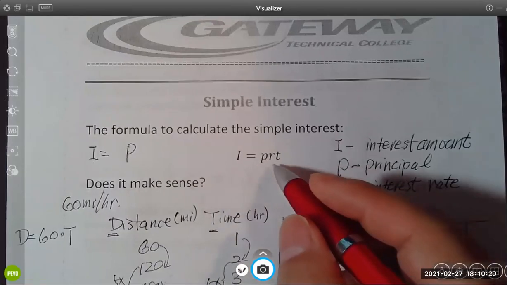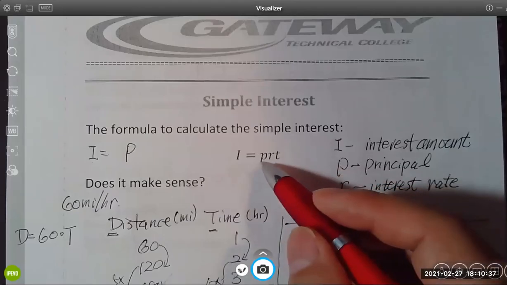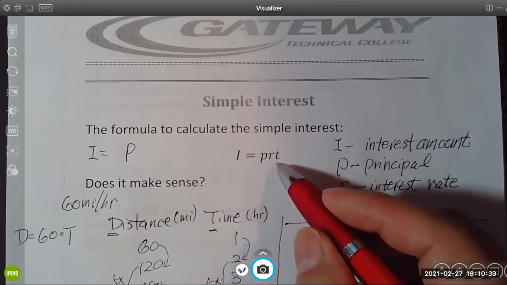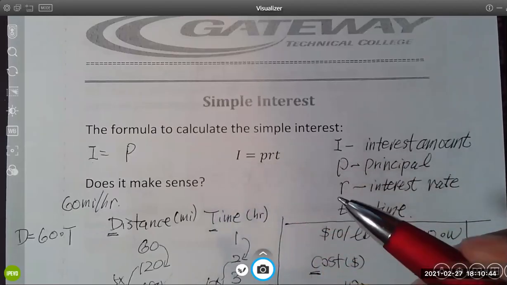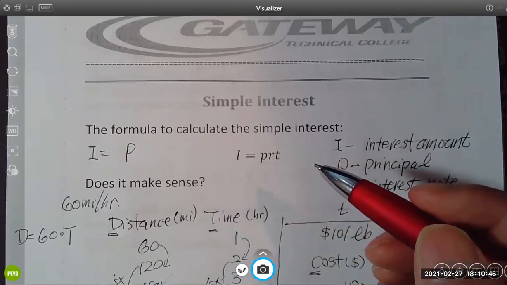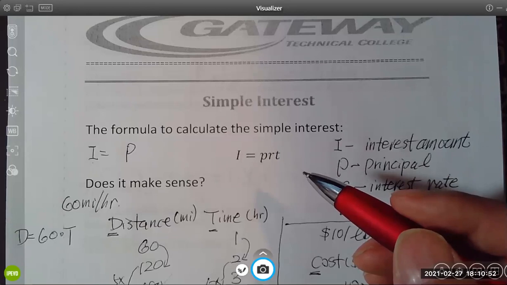Now let's look at interest rate. Now imagine you have two separate accounts. You deposit same amount of money. You deposit your money for the same amount of time. Only difference is that one bank gives you higher interest than the other one. So which one will give you a higher amount of interest in the end?